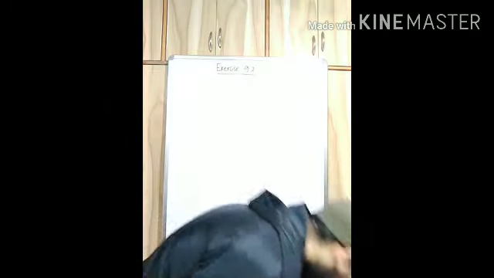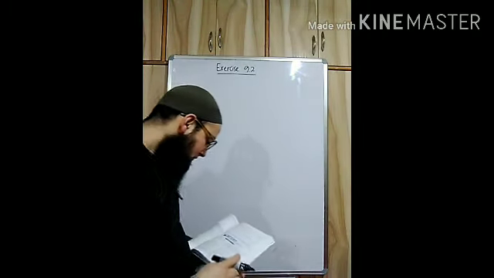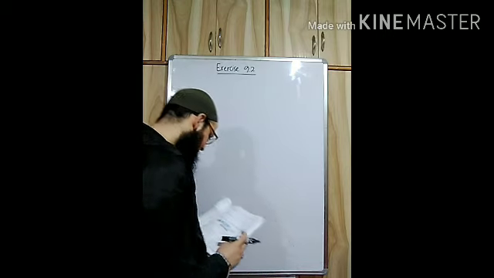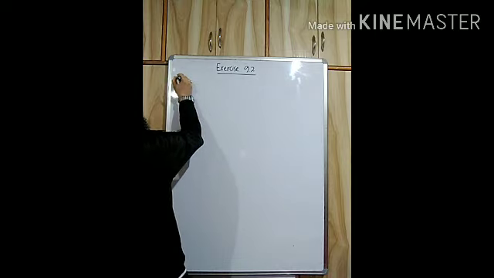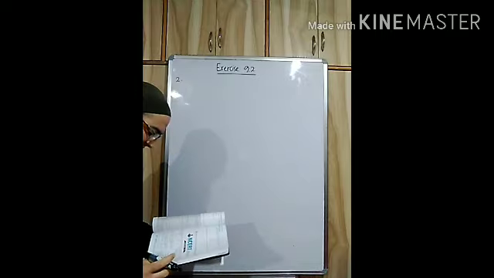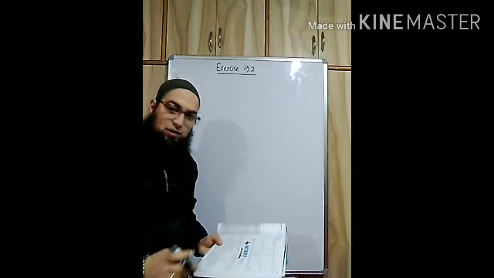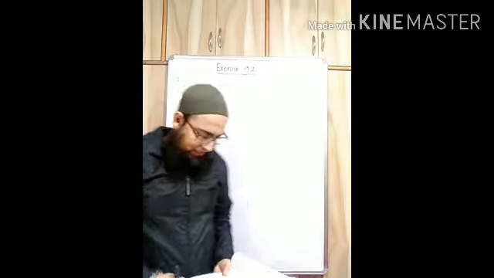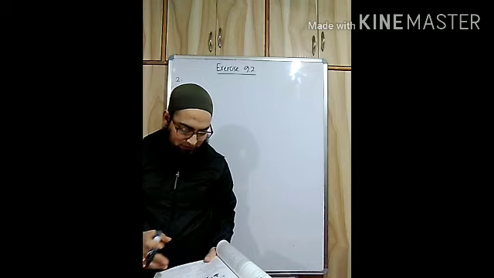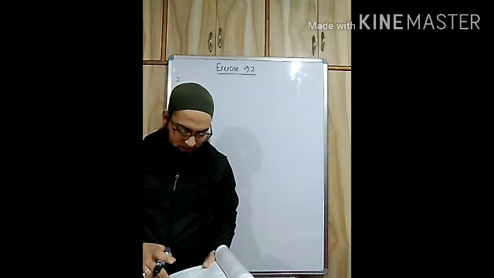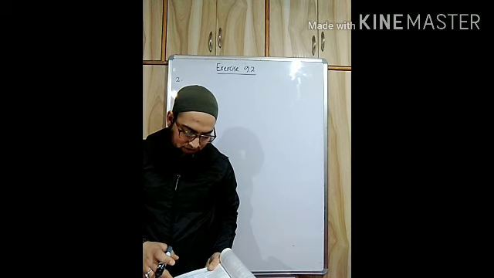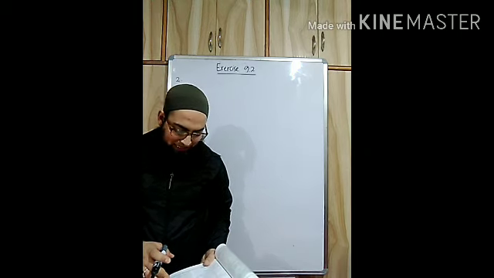Now let me show you one more question. Let's have question number 2. Question number 2 says, if E, F, G and H are respectively the midpoints of the sides of a parallelogram ABCD, show that area of EFGH is equal to half of area of EBCD.